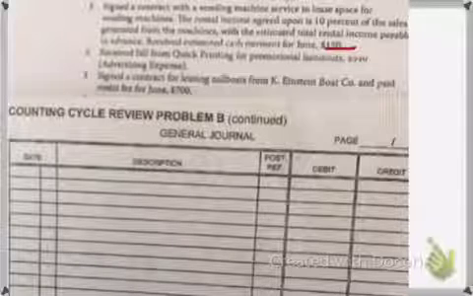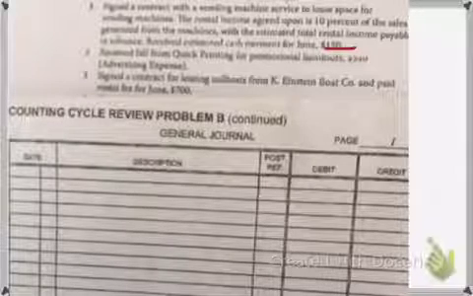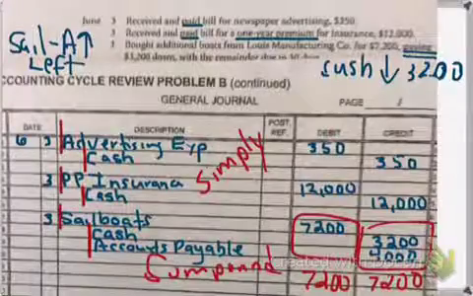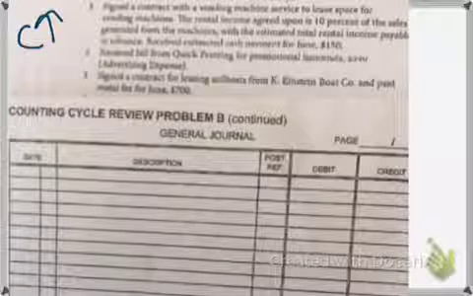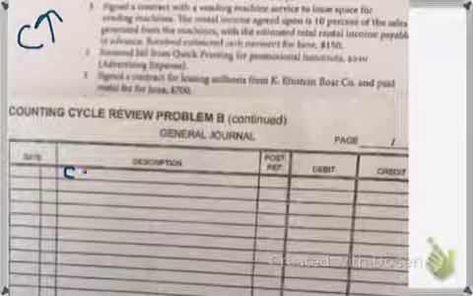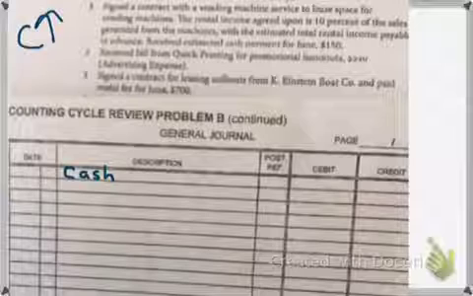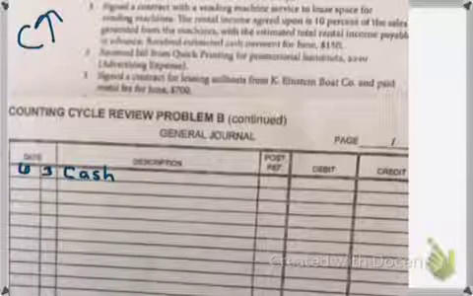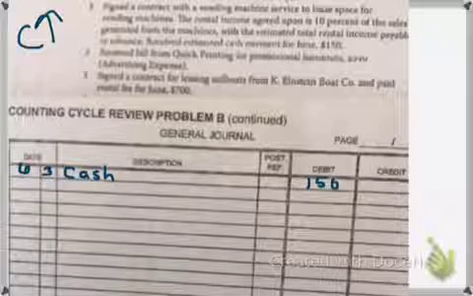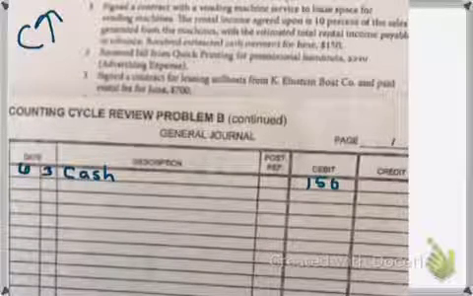So we do want to look at that and what we are actually getting in here. So we're receiving cash. So that means that cash is doing what? That means that cash is increasing, which means cash will be on the top. It is going to be on June the 3rd. And so what we have here is we are receiving $150 in, and it is going to be for concession income.